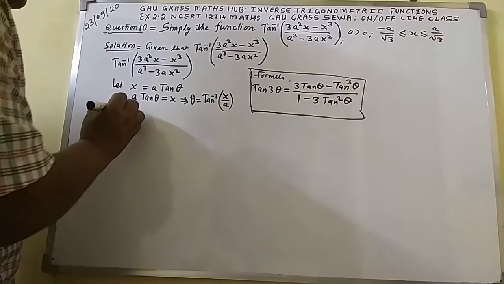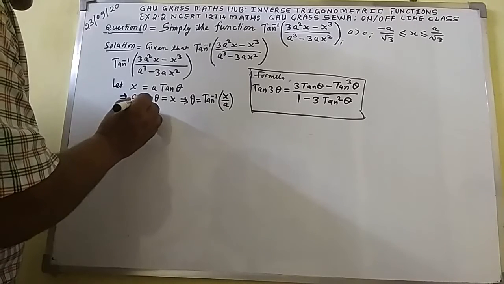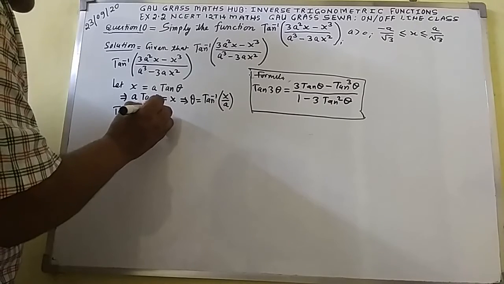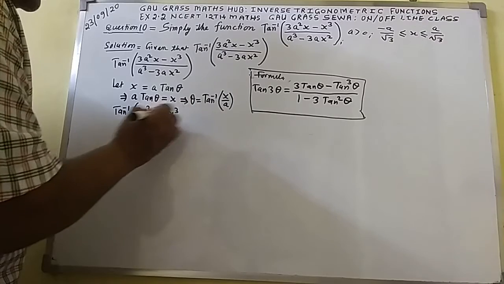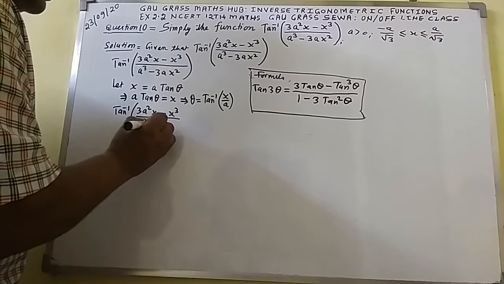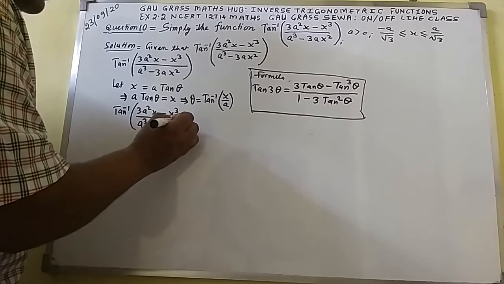So here I am going to write tan inverse of (3a square x minus x cube) over (a cube minus 3a x square).